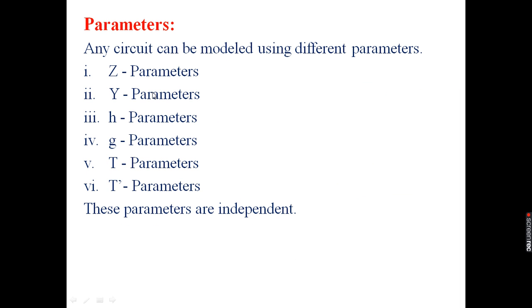Any circuit can be modeled using different parameters. In this case we are going to discuss the Z parameter, or impedance parameter; the Y parameter, or admittance parameter; H parameters, called hybrid parameters; the G parameter, which is the inverse of the H parameter; the T parameter, called transmission line parameters, or else ABCD parameters; and the T dash parameter, which is the inverse of the T parameters.